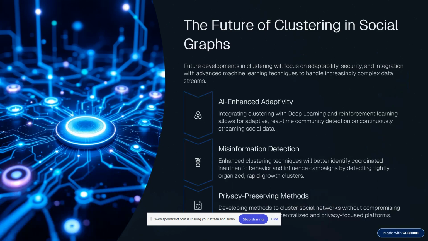Integrating clustering with deep learning and reinforcement learning allows for adaptive real-time community detection on continuously streaming social data. Misinformation detection. Enhanced clustering techniques will better identify coordinated inauthentic behavior and influence campaigns by detecting tightly organized, rapid growth clusters.